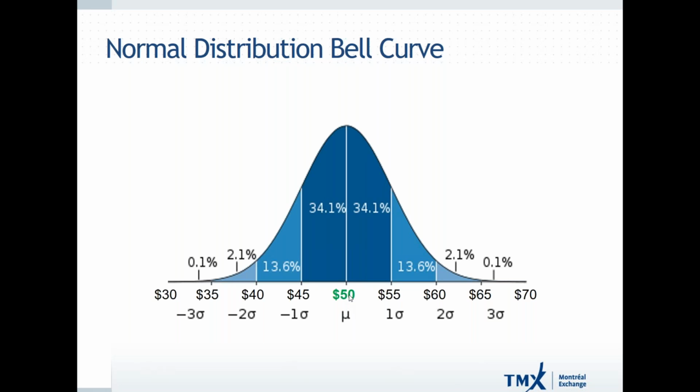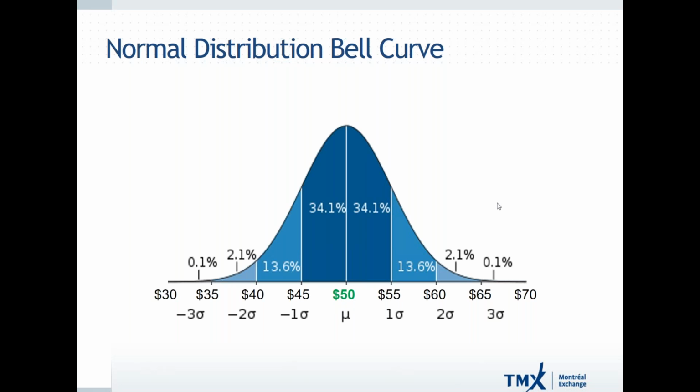What we're considering is that if the stock is at $50, the market is pricing in a 34.1% chance that the stock is going to be below 50, and a 34.1% chance that the stock is going to be above 50. And then you can see that the probabilities decrease the more above or below the current price of the underlying security.